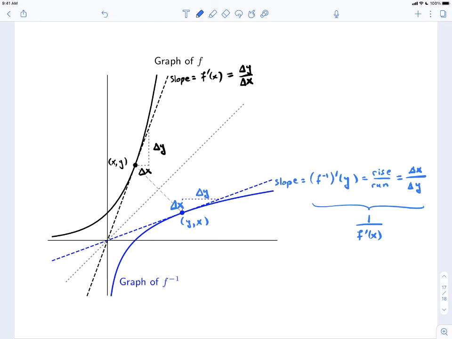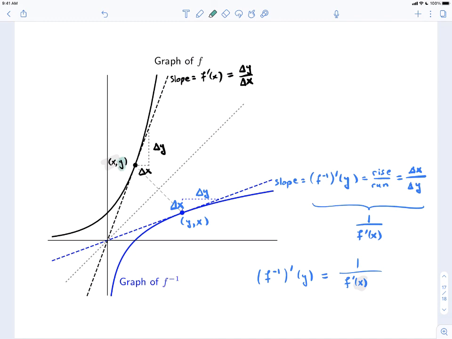So what does that tell us? f inverse prime at y is equal to 1 over f prime at x. But what is x? Well, x is this point right here. So we want to get this in terms of the input y. Our y input is this y right here.